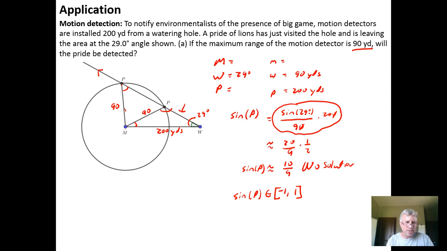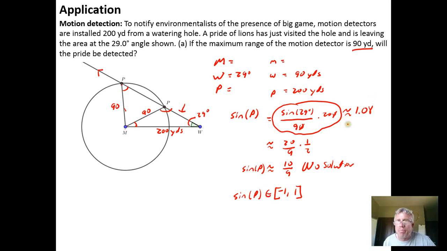Oh my gosh, I typed the number in wrong. Let's try this again. Sine of 29 degrees times 20, and then divided by 9. That's going to equal 1.08.